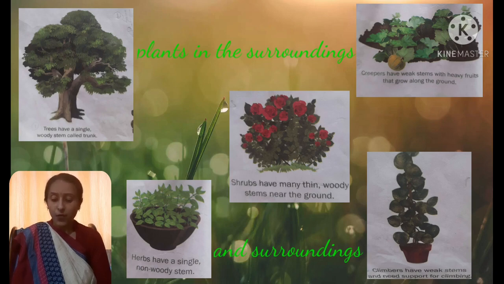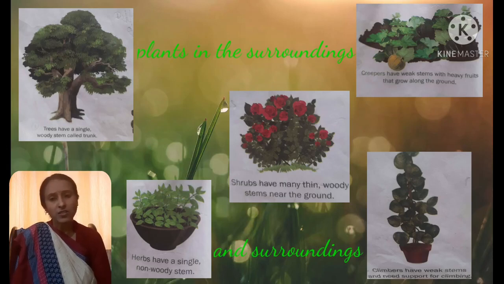In class 3rd, we studied about the different types of plants. We know that plants can be grouped as trees, shrubs, herbs, climbers or creepers based on the size and type of stem. Trees are very big in size, shrubs are shorter than trees, and herbs are very small, and climbers and creepers grow around the soil, along the ground.